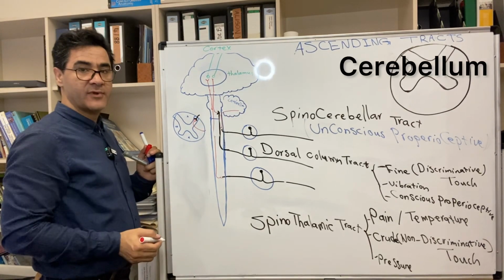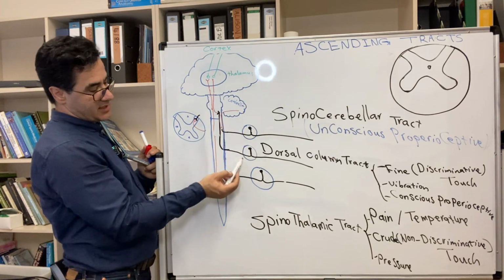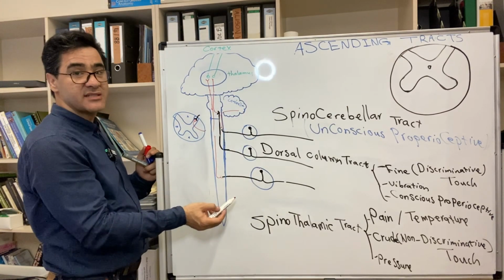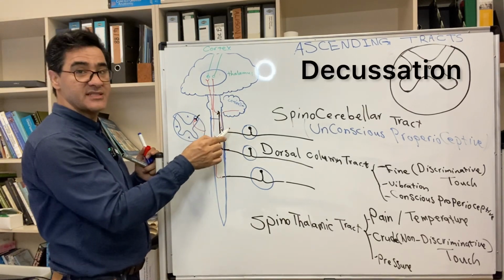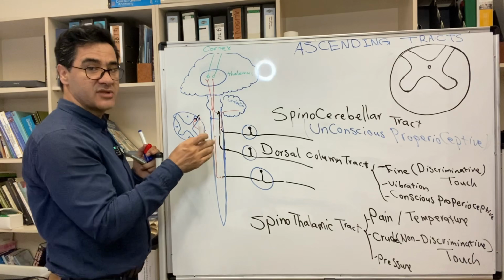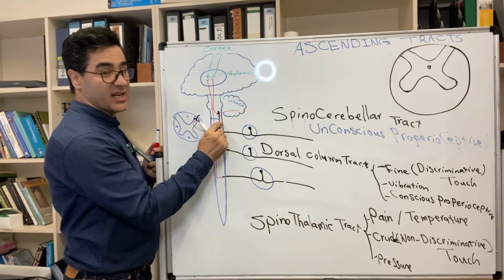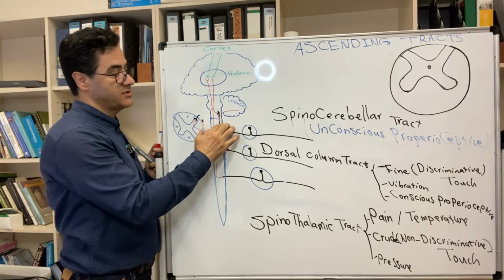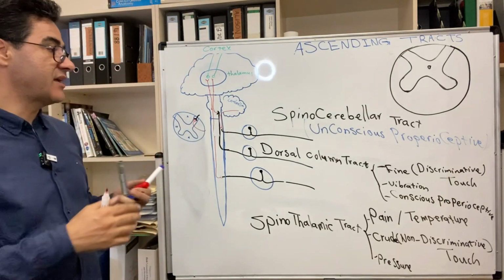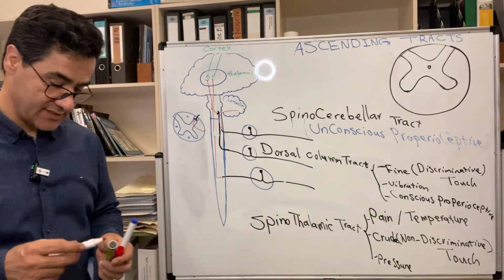What is the difference between this tract and the two previous tracts? There is no crossing, no decussation. This is the big difference. Clinically it's significant. It means that if this tract is damaged on the left side of the spinal cord, our left side, the same side, will lose this unconscious proprioception.